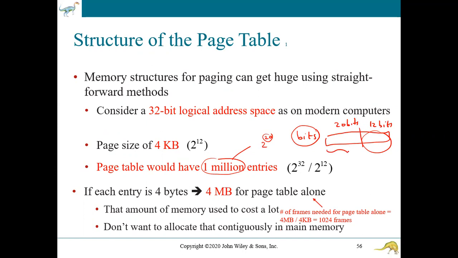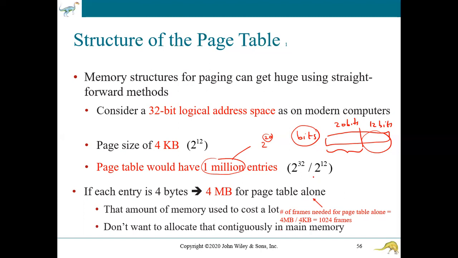And you need to divide this into 2 parts, or 3 parts, or 4 parts. So how many frames do you have here? 1 million frames you require to put that in.